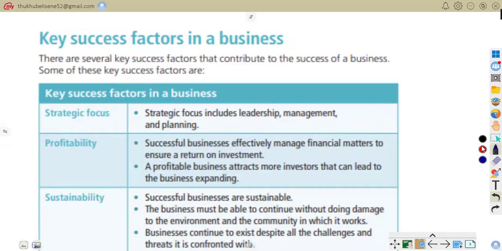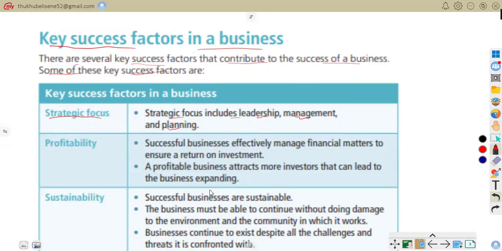Now we are on key success factors in a business. As it says, there are several key success factors that contribute to the success of the business. The first is strategic focus. Strategic focus includes leadership, management, and planning.